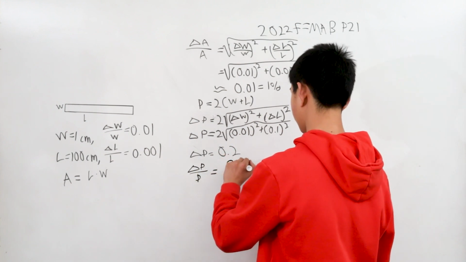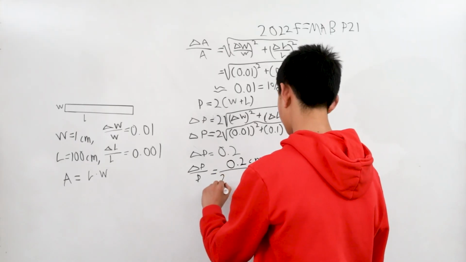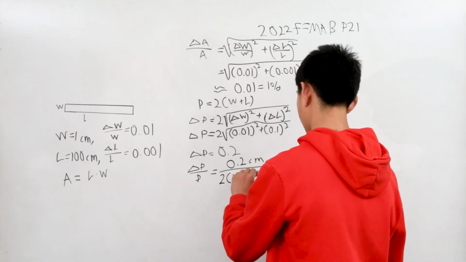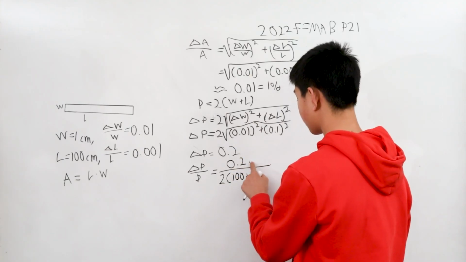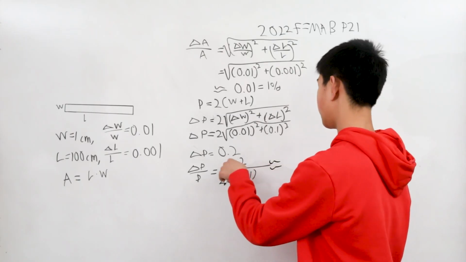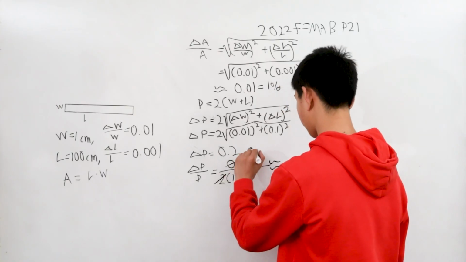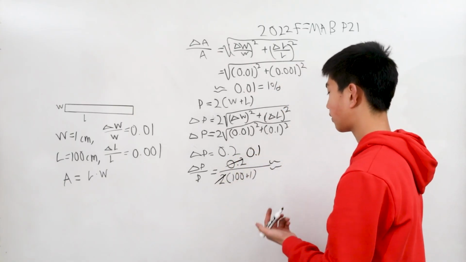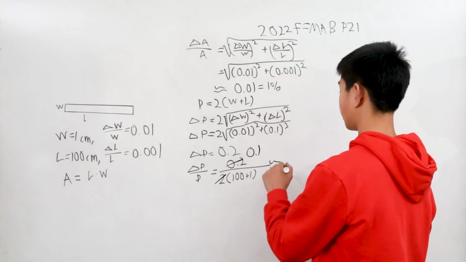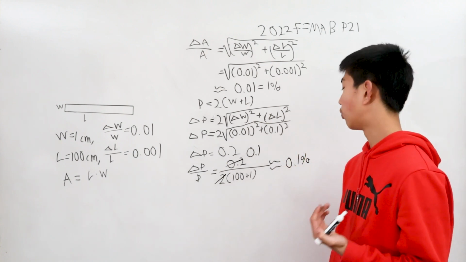This is 0.2 centimeters divided by the real value of the perimeter, 2 times 100 plus 1. These are also in centimeters. What this roughly turns out to is, after you cross out the 2, 0.1 divided by about 100, which is roughly 0.1%, or 0.001.